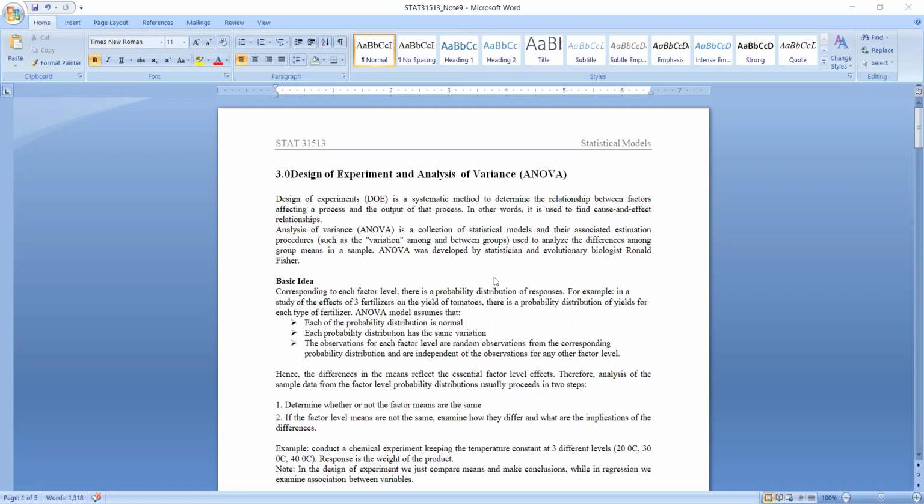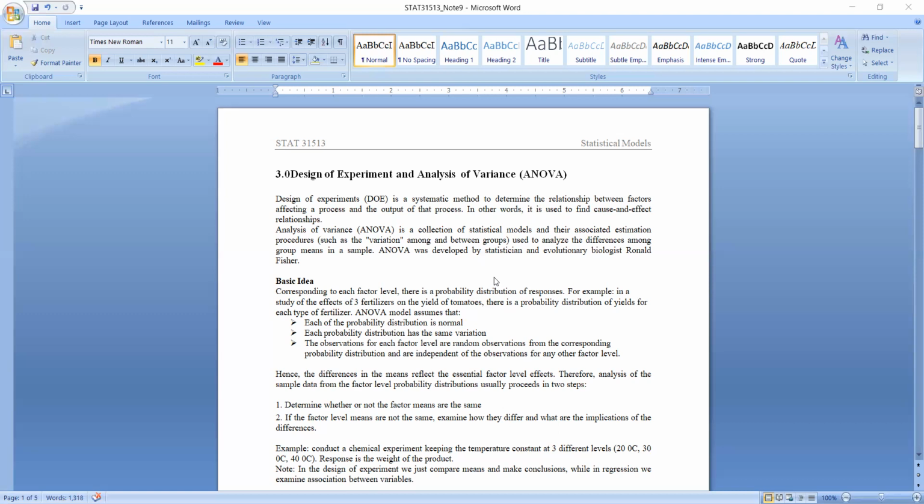Now, when it comes to ANOVA with design of experiment, since we have factors, we believe that for each factor level there is a probability distribution.